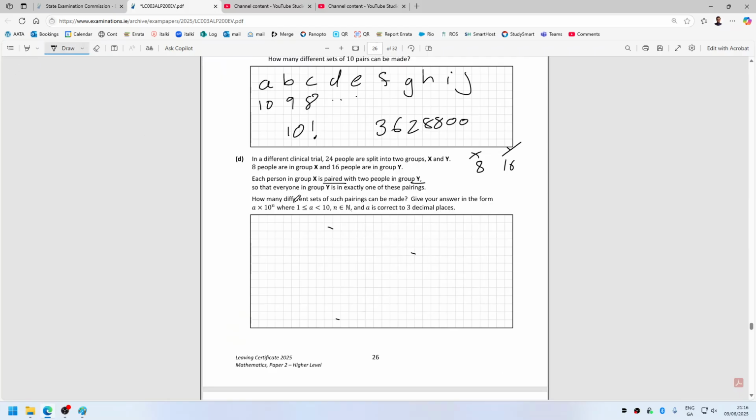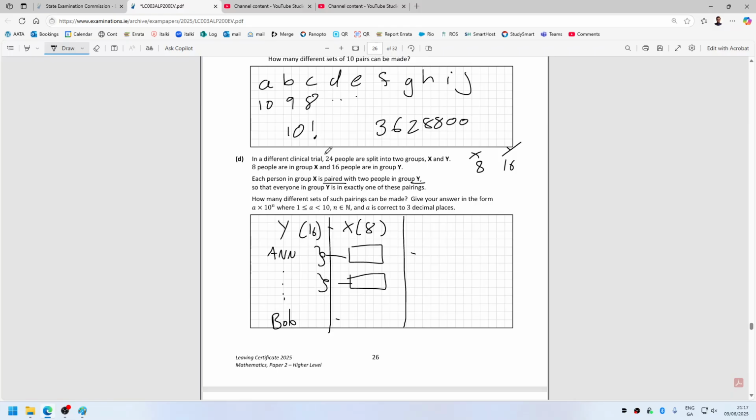Okay, so think about it like this. I've got 16, this is Y, and it's got 16 people. Let's say Anne down to whoever, Bob. And then you've got X, which is 8 people. So whoever's the first one here gets paired off with the top 2 in that list, and whoever is here gets paired off with the 2 in this list.